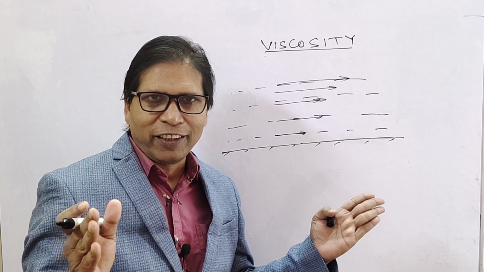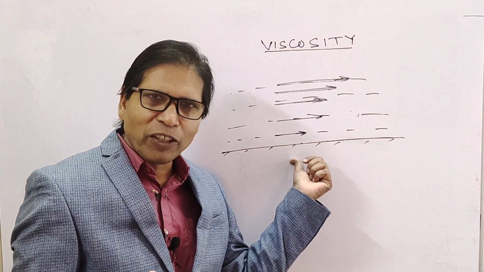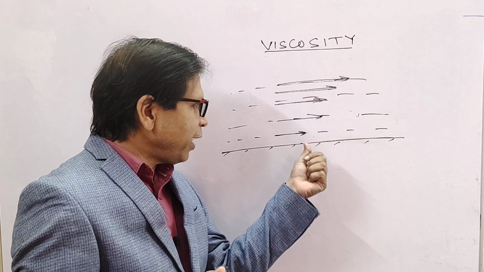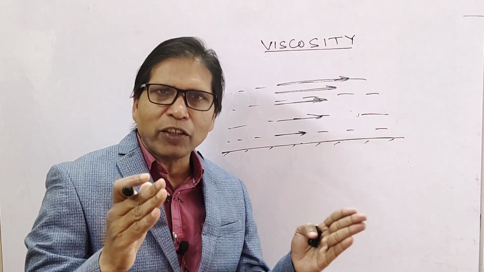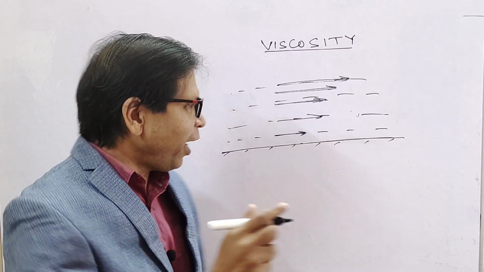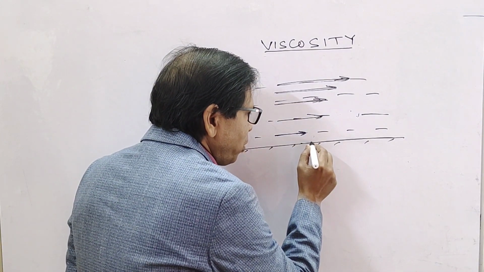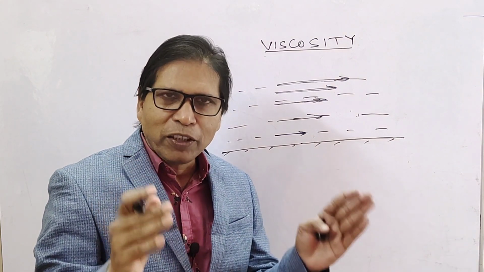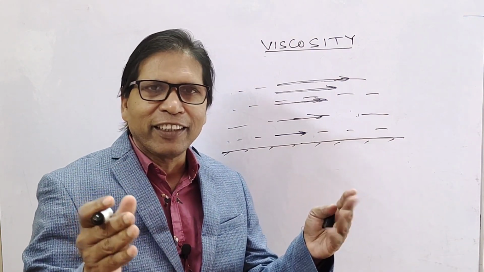Now viscosity. Look at this. This is the solid surface. Liquid is flowing through this. The layer in contact with the solid will be stationary, and as the distance of the layer from the solid surface increases, the velocity of the layers increases.